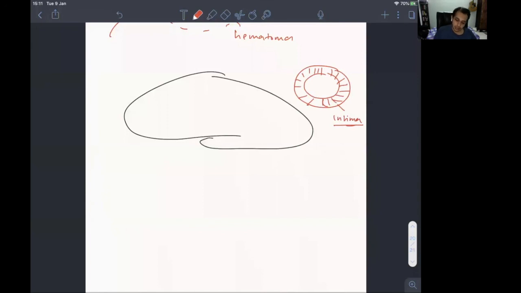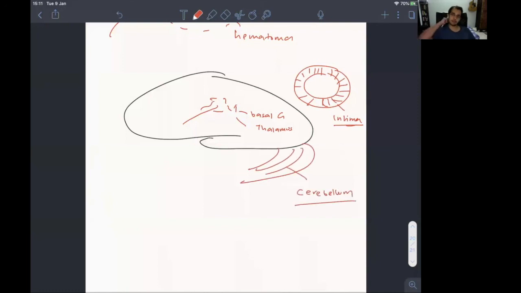But in your thin blood vessels, the blood vessels that are at the center of your brain, they are thinner, so they are more likely to bleed. So this is in your basal ganglia, that is in your putamen, thalamus, and also in the cerebellum. Fine.